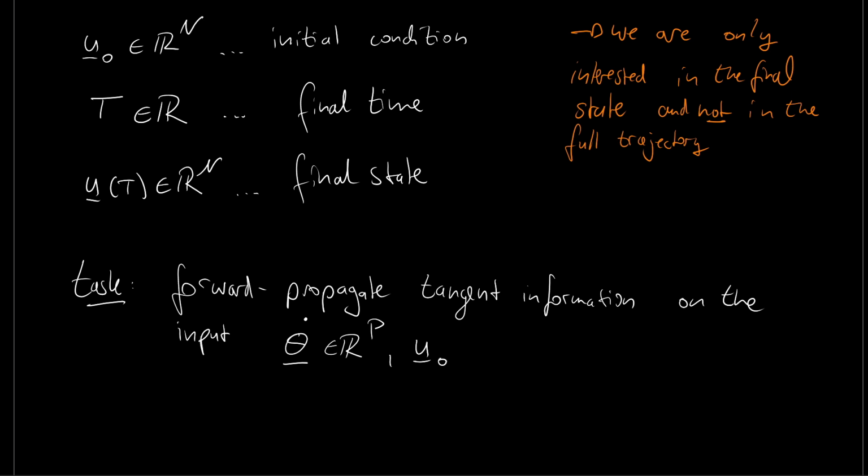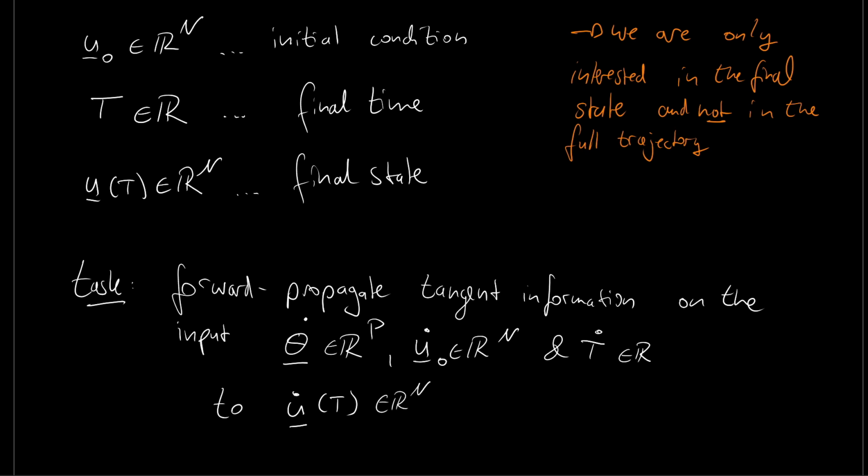We also have tangent initial conditions, so this will be an n-dimensional vector, as well as some tangent information on the length of our integration interval, which will be a real valued number. And we want to forward propagate this to the tangent value at the final state. So this is a vector and not a function again, but it is in its tangent form, an n-dimensional vector.